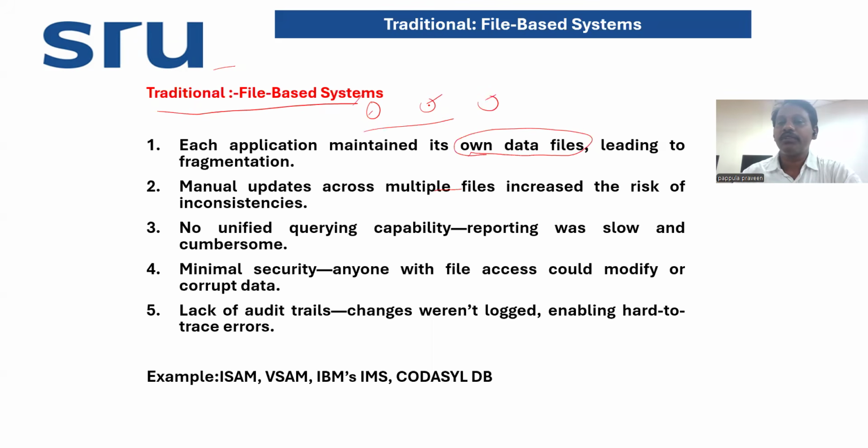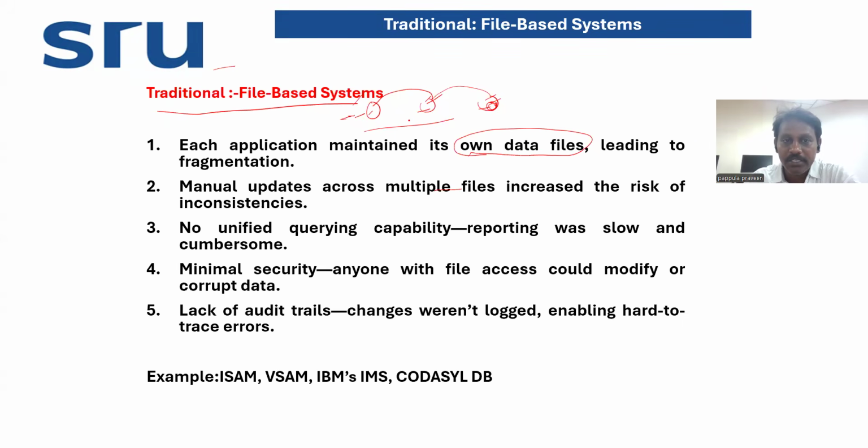Suppose this is the student file, this is the employee file, this is the department file. Now student data resides here, student data resides here, student data resides independently. When you enter the student details in the department file, that will be reflected in all files. That is called modern databases.